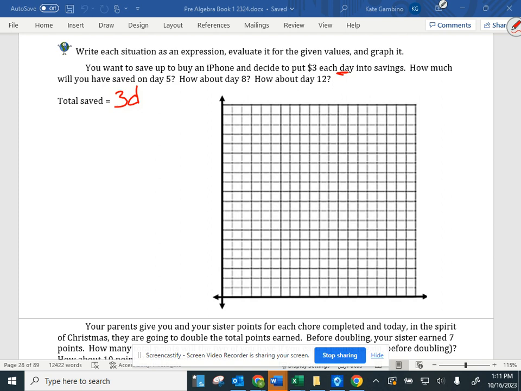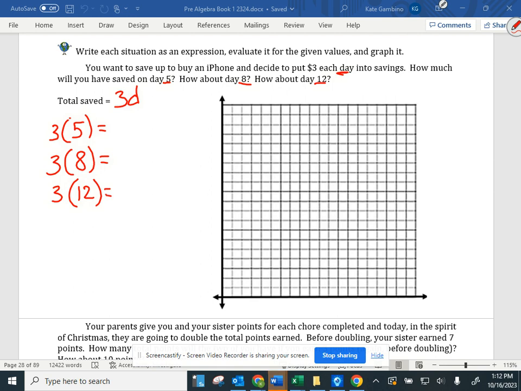But now I need to see, what does that mean for day 5, day 8, and day 12? So now I have 3 times day 5, 3 times day 8, and 3 times day 12.